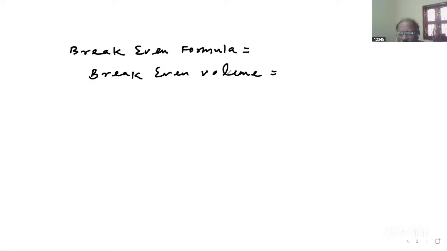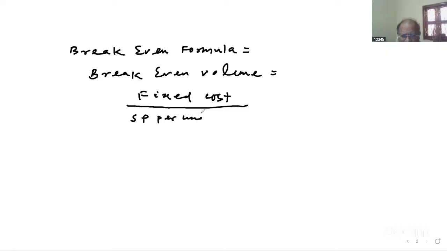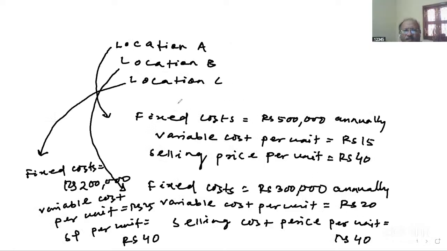The formula is fixed cost divided by selling price per unit minus variable cost per unit. By using this formula, we can find out the break-even volume of these three different locations, A, B, and C.